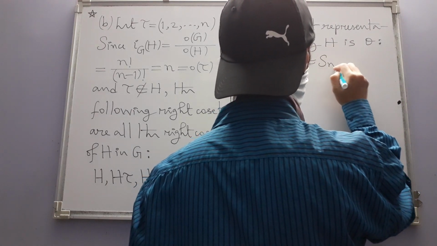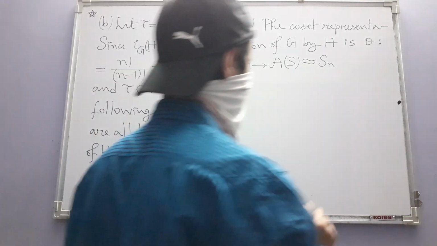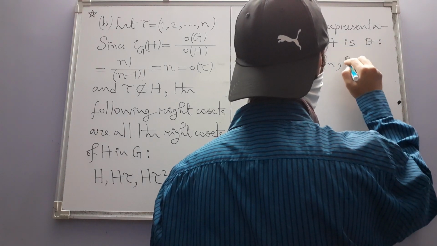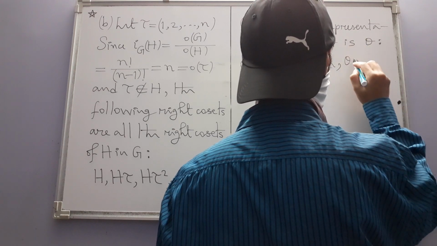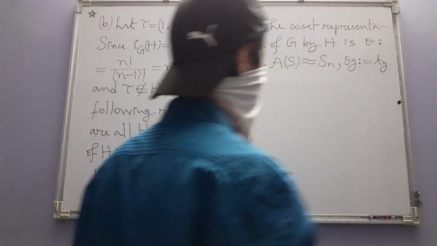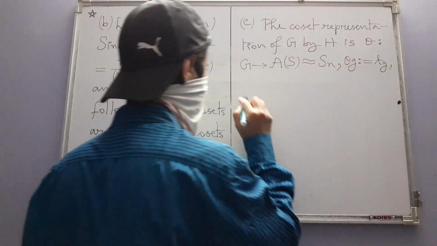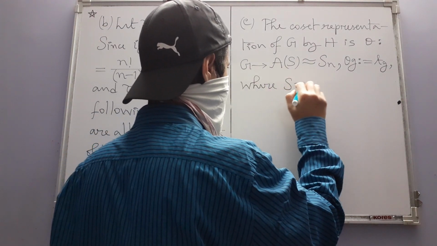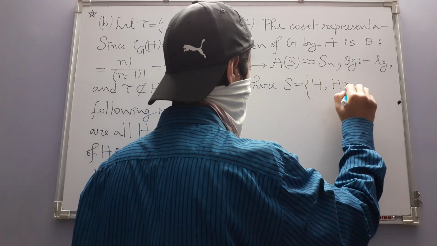So that's why this becomes isomorphic to Sn, because there are n symbols whose permutations we are considering in A of S. Where S is the set of right cosets.